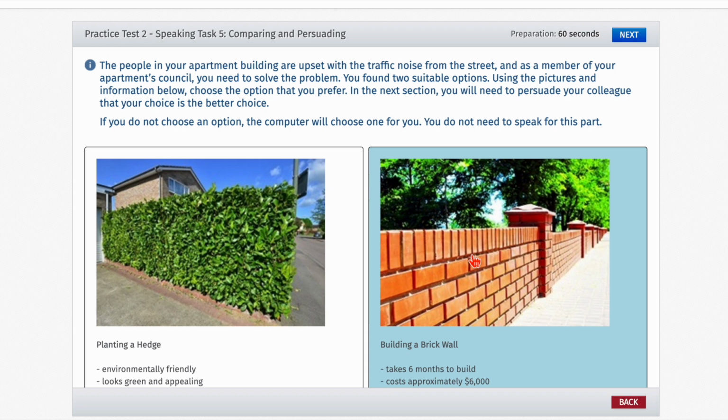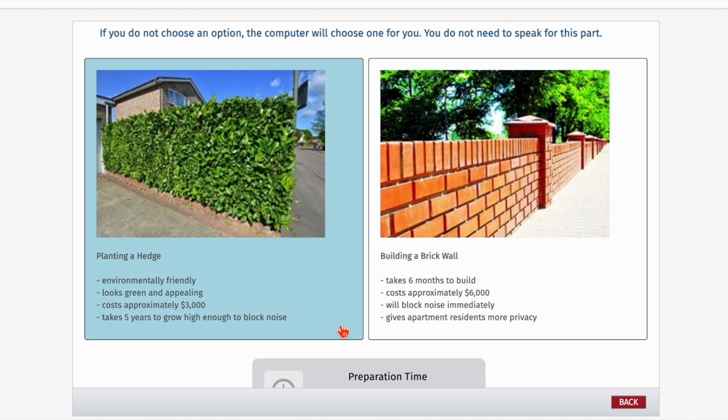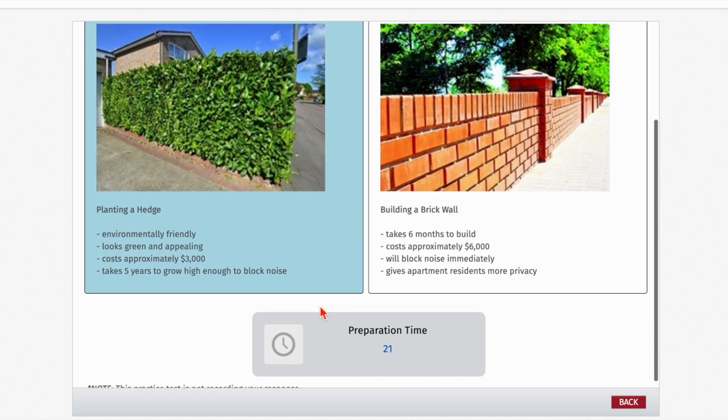Okay? So then, when we have these options, you're given 1 minute to choose the option that you prefer. Either one is good. There's no right or wrong choice. But I would say maybe you should pick the one that you feel more familiar with. Maybe the planting a hedge, you read that, it looks more familiar.